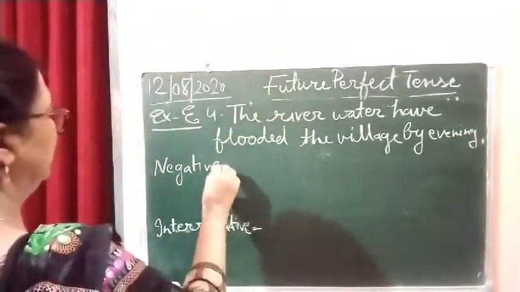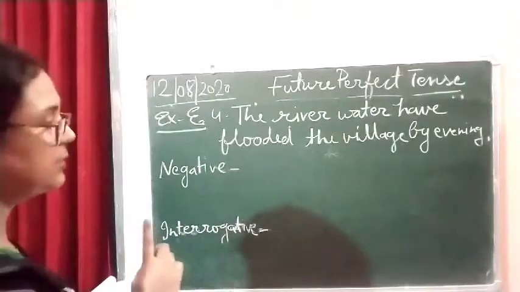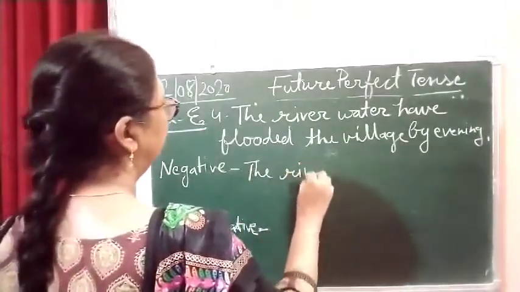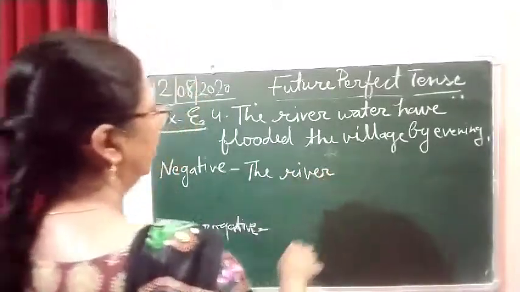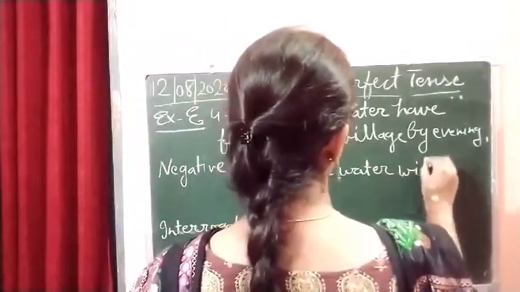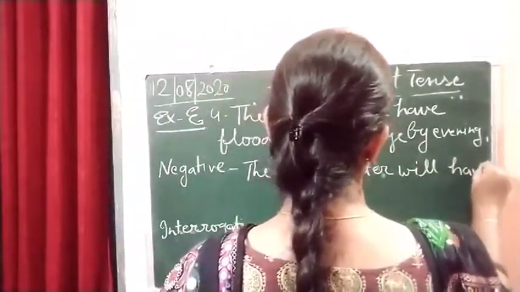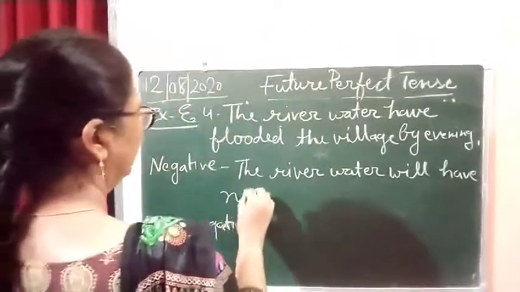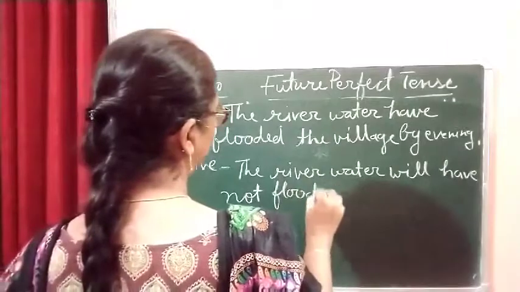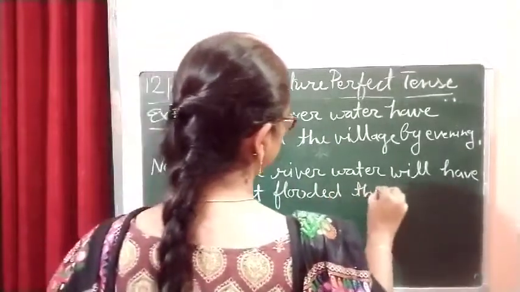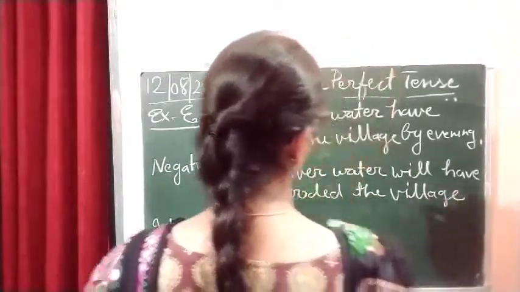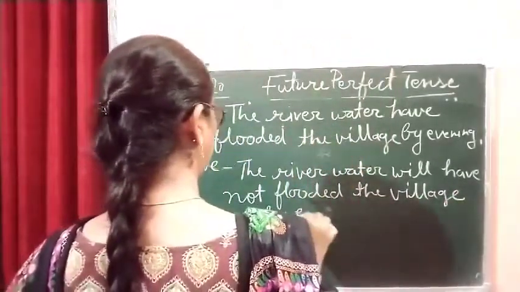Now here we are going to make negative sentences. The river water will have not flooded the village by evening.